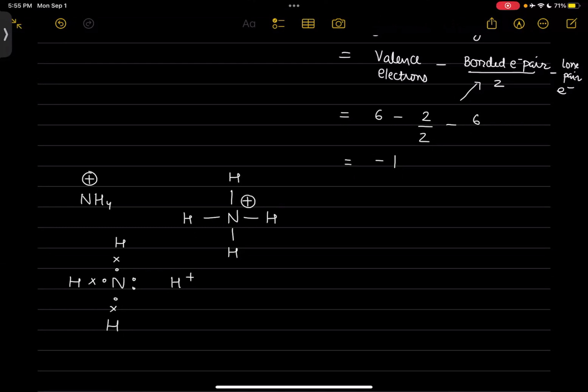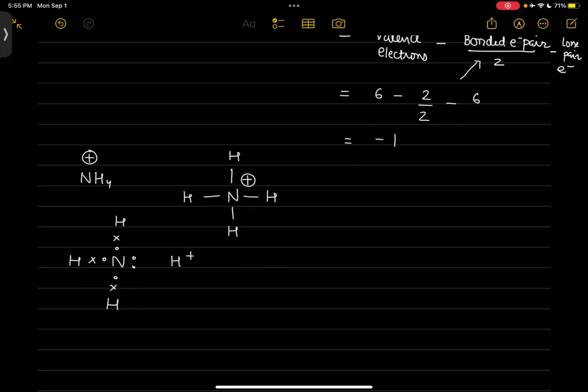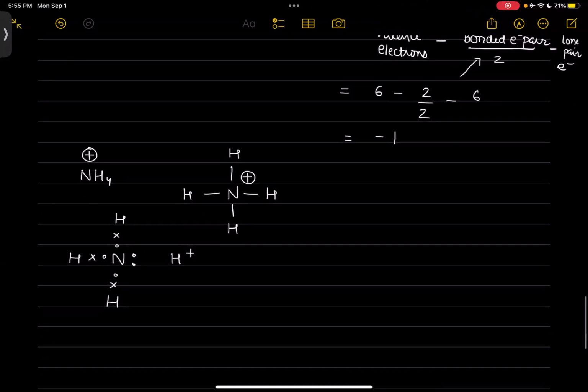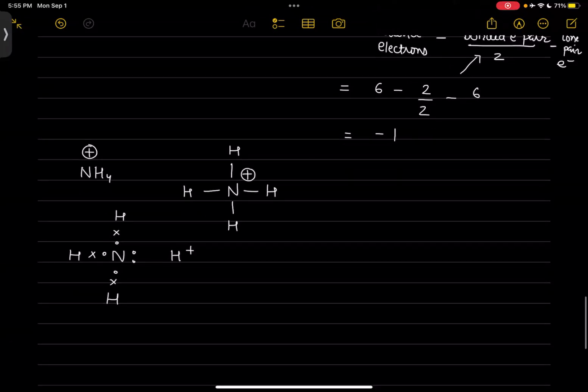What is it? One thing is sure, that H plus does not have any electron. Got it? And ammonia has the electrons.